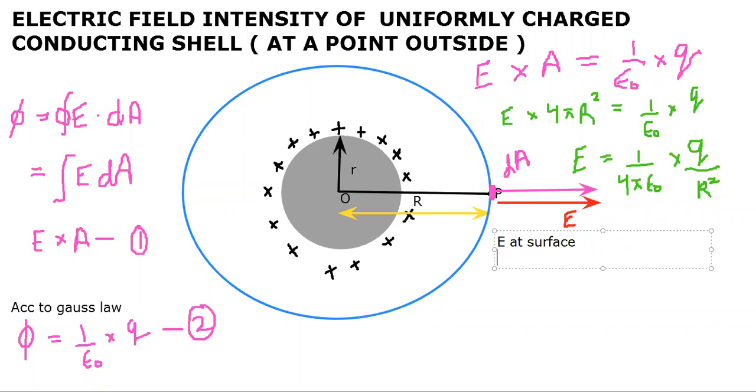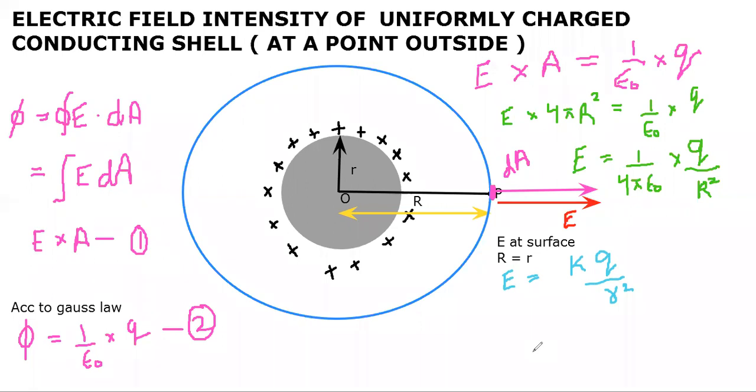So R becomes small r, and the formula would be the same, but you have small r over there. So the formula would become E is equal to, this can be written as K Q by small r square. This is your second case.